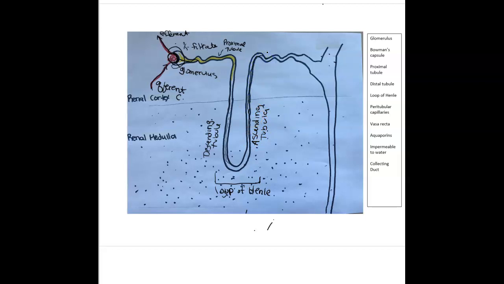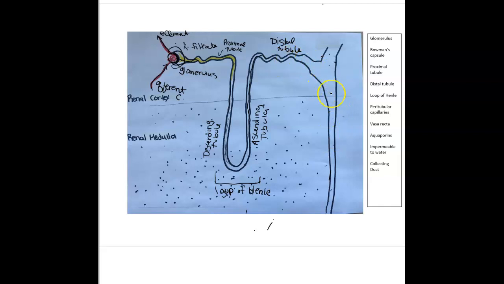So if this is the proximal tubule, remember that proximal means closer, so it's closer to the beginning, and distal means further. So this is the distal tubule, and that makes sense because it's further from the beginning. And then here we're going to have the collecting duct.